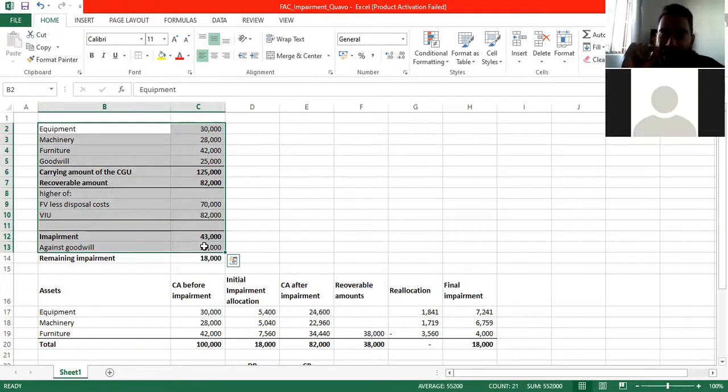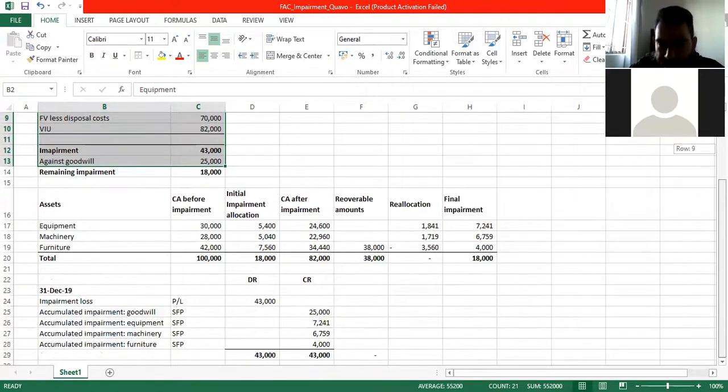But although you are working out the impairment amount relative to a CGU, we don't have an account called CGU. So you can't say debit impairment, credit CGU. You have to take the impairment to an actual underlying asset. And that is what we are doing over here, right?